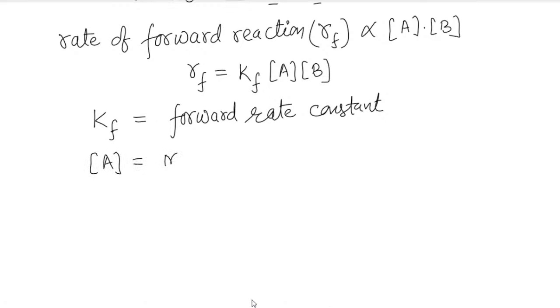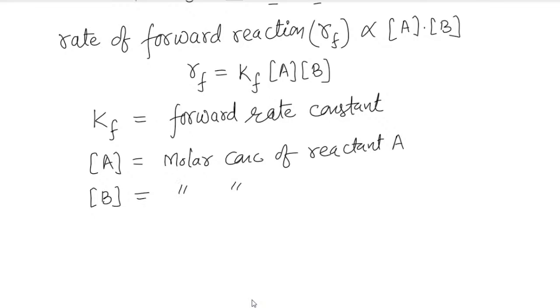The value in square brackets means molar concentration. [A] is the molar concentration of reactant A and [B] is the molar concentration of reactant B.